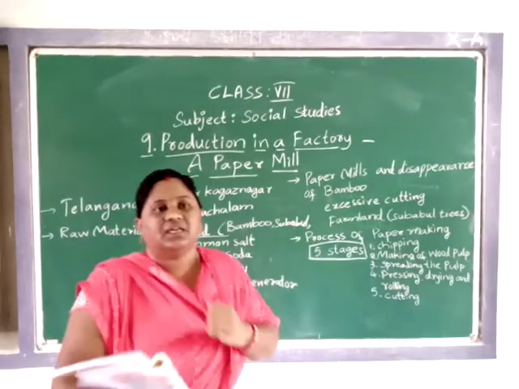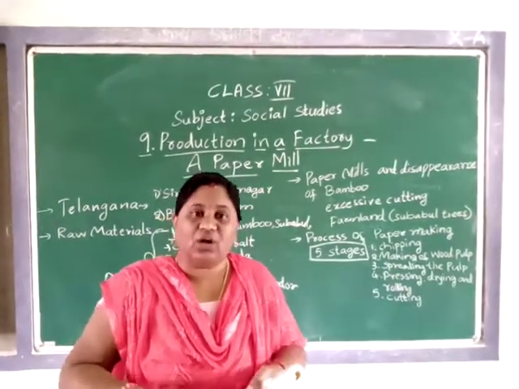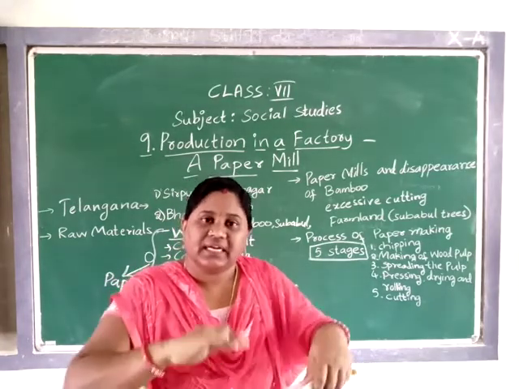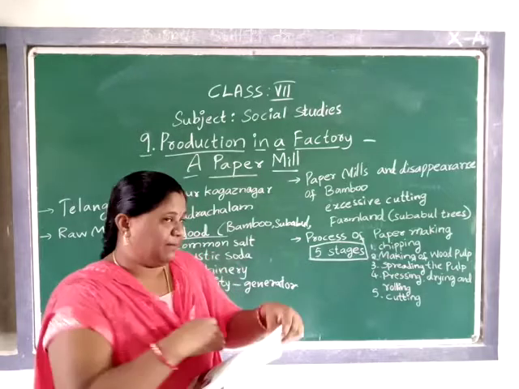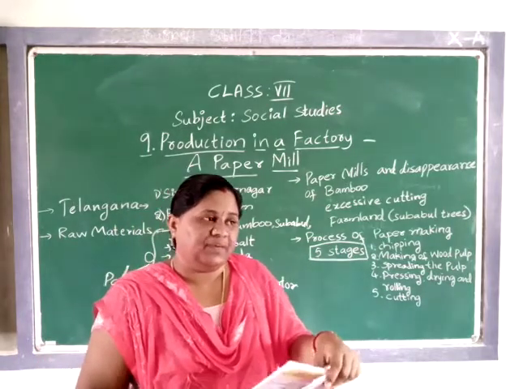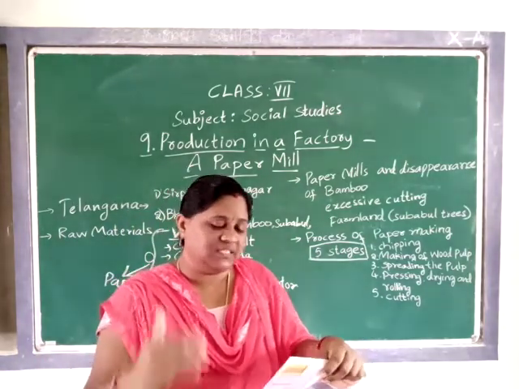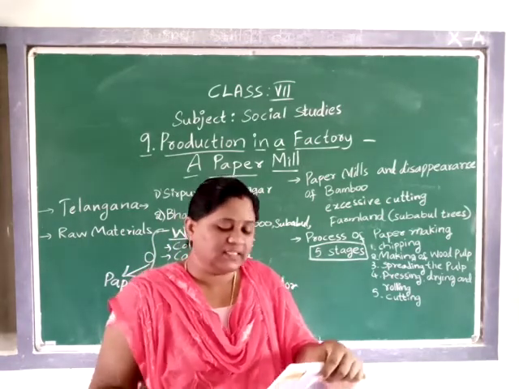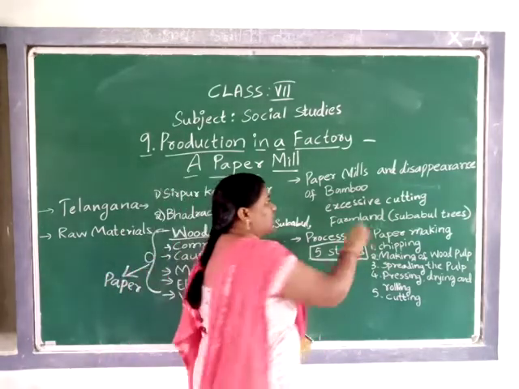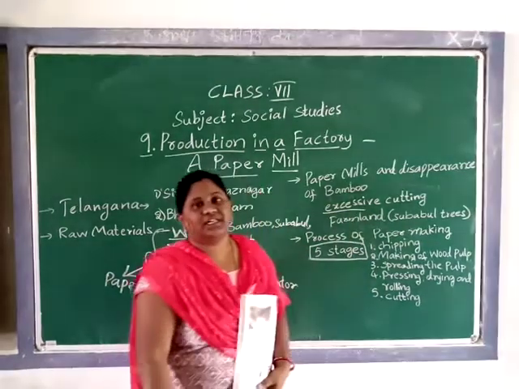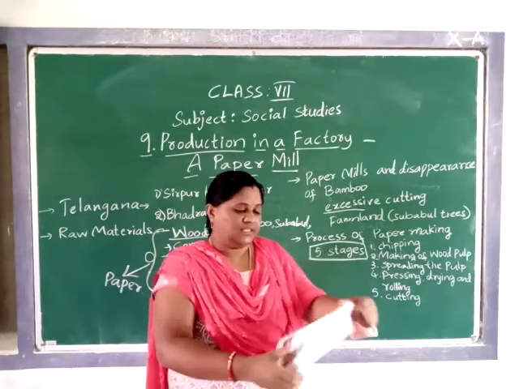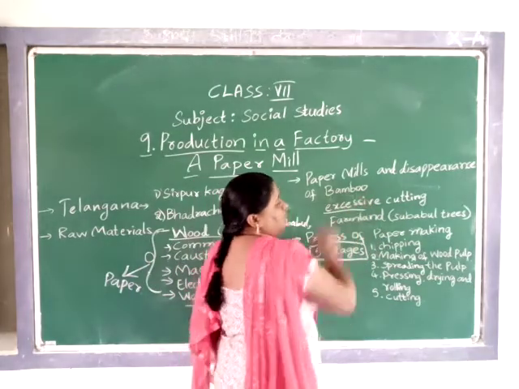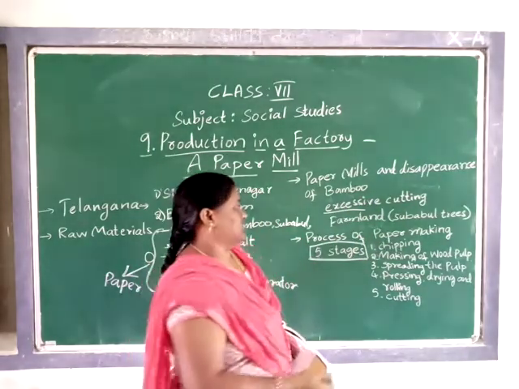At that time they called some contractors, and they also used tribal people for cutting bamboo trees. For many years this process continued. So due to excessive cutting of bamboo, there is no availability of bamboo sticks or bamboo plants now.